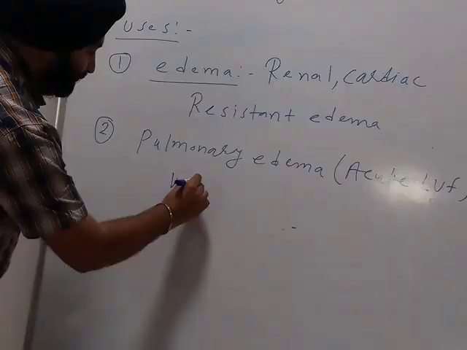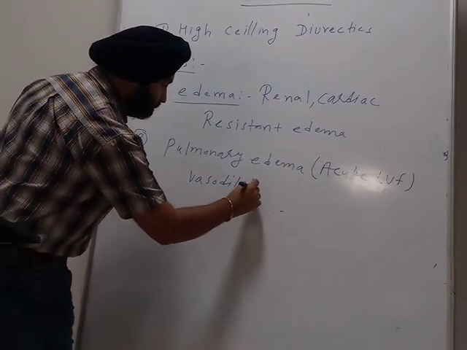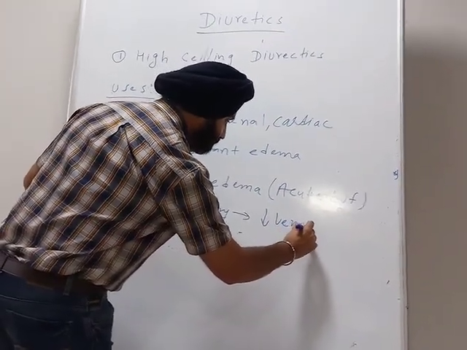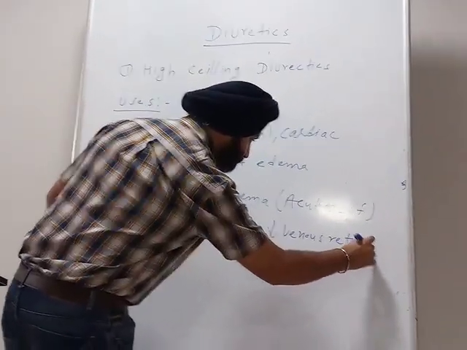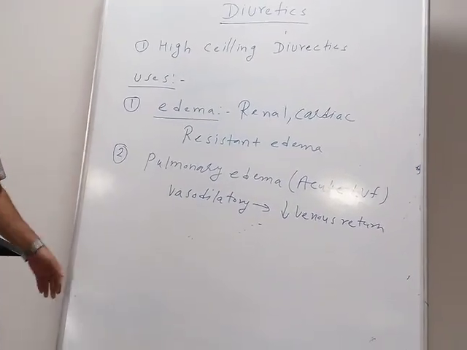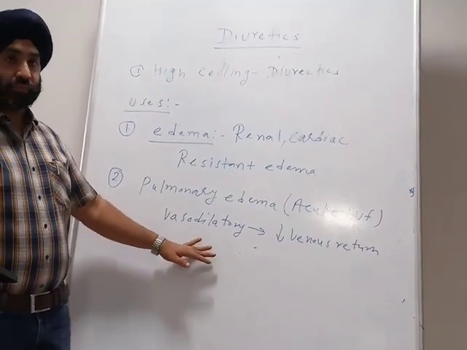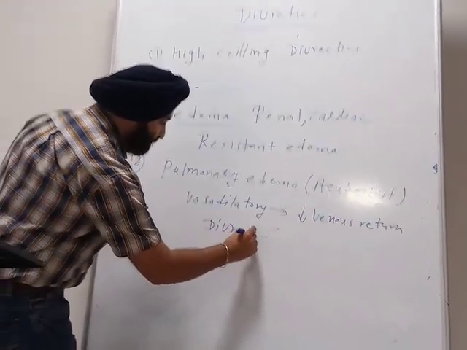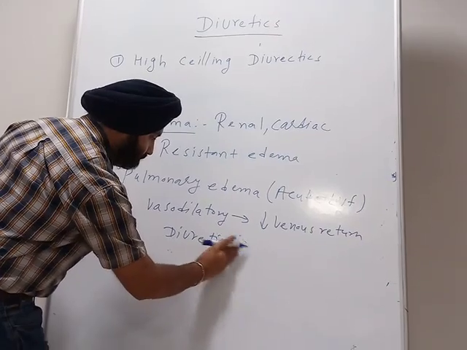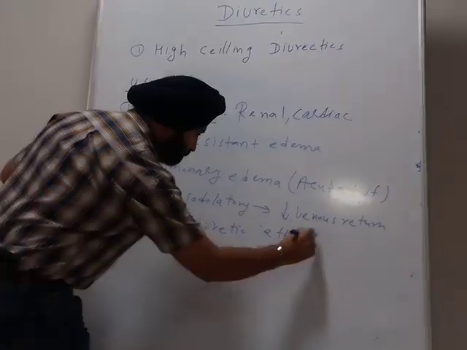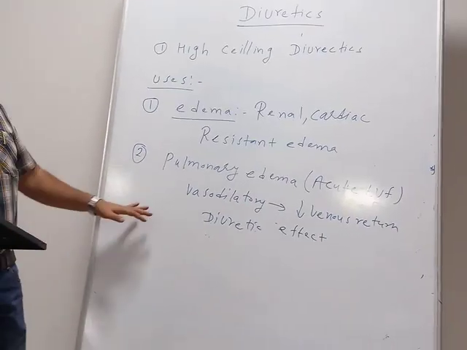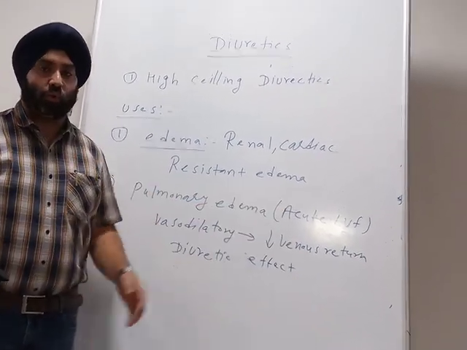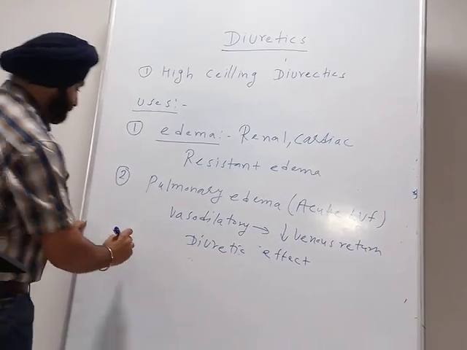First, they are vasodilatory, so they decrease the venous return before the diuretic action. The second is the diuretic effect, through which the blood volume decreases and they relieve the pulmonary edema. They are very much helpful in acute LVF.